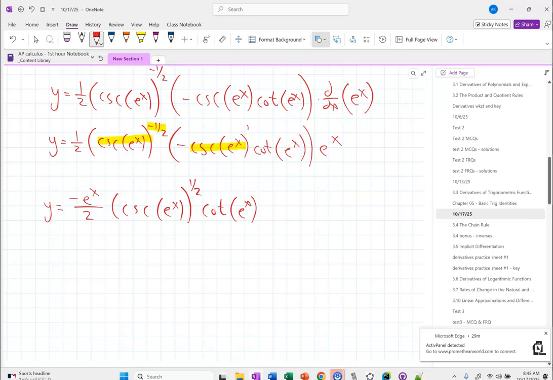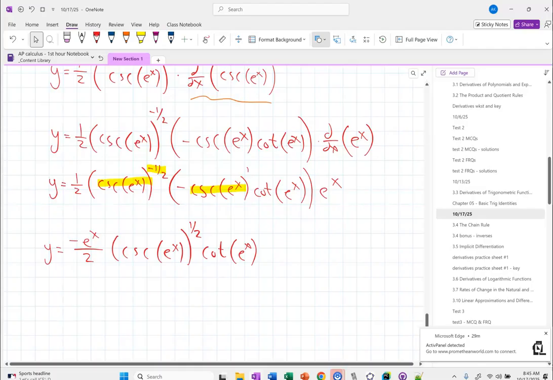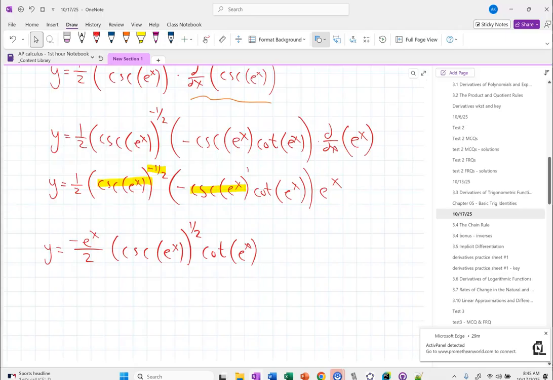David? What if the cotangent also with the negative squared? No, because the exponent is stuck on this guy, right? It's not around the whole thing. Does that make sense? And because it's all multiplied, I don't have to distribute it, right?